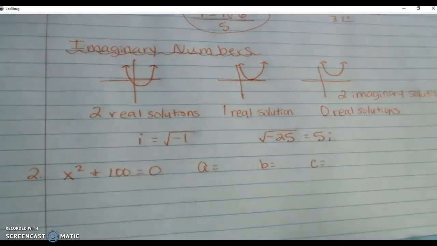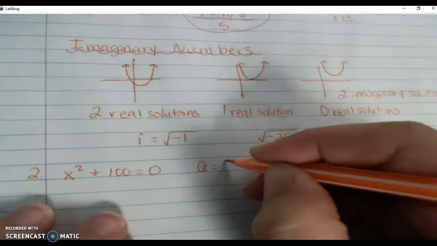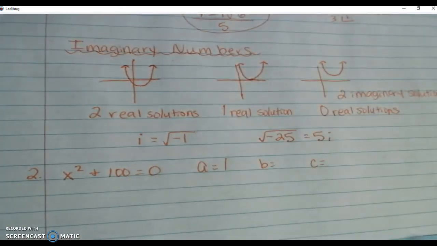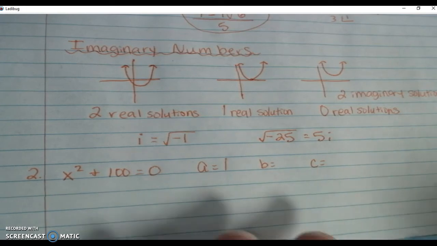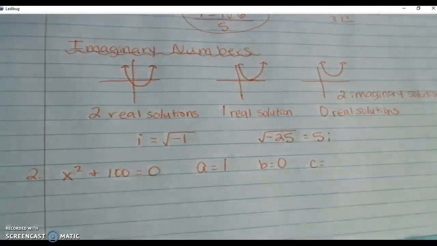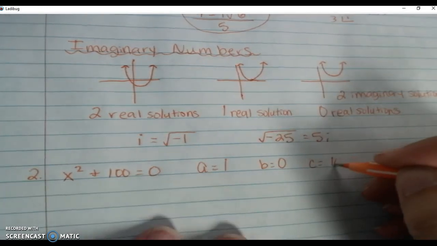So what's our a? So 1, good. Remember, if there's nothing in front, there's always an invisible 1. But how about b? Good. There's not 1, so it's 0. Very good. So if you're missing a term, you put a 0 in its place. How about c? 100. Very good.